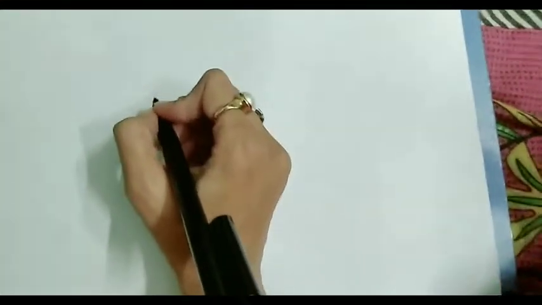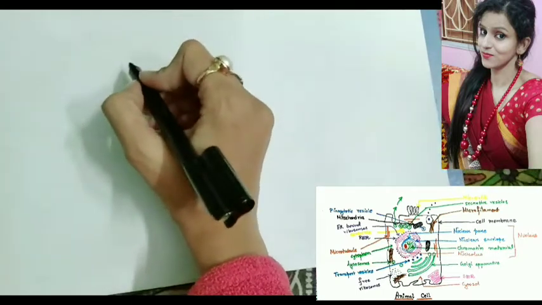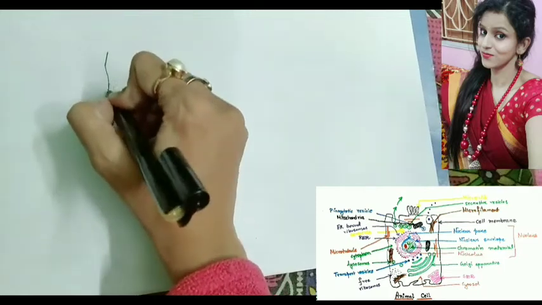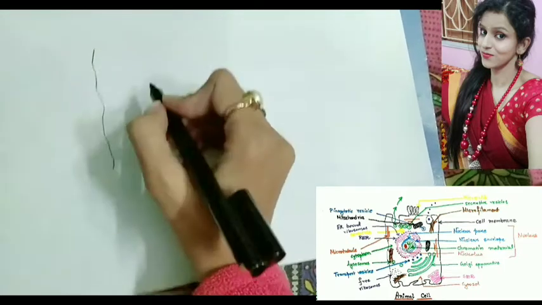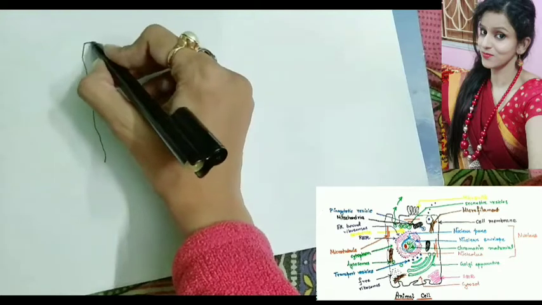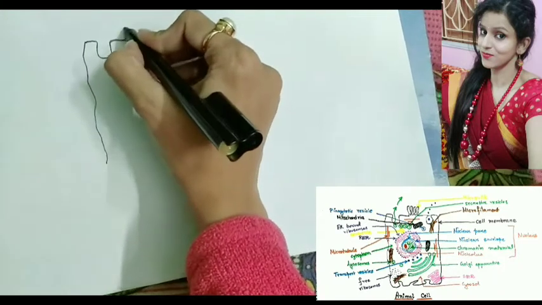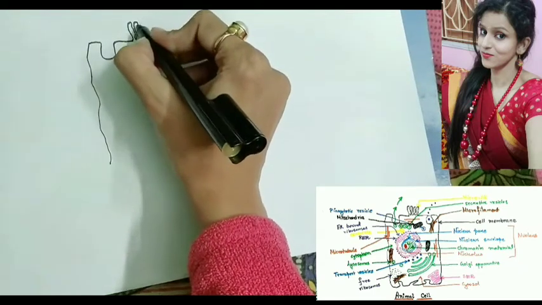So I have taken a piece of paper where I am going to draw the outline of the cell. First of all you have to draw this kind of line, and then after that a single straight line, and again you will make a cut like this. Then you will make foldings at the top.